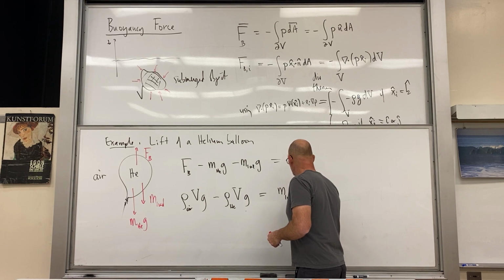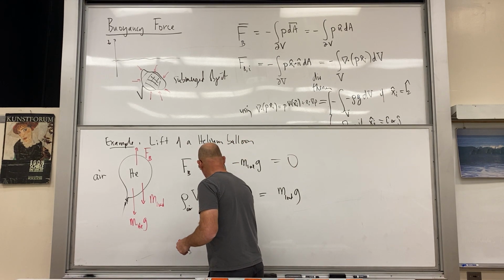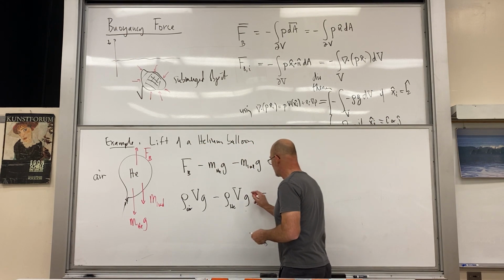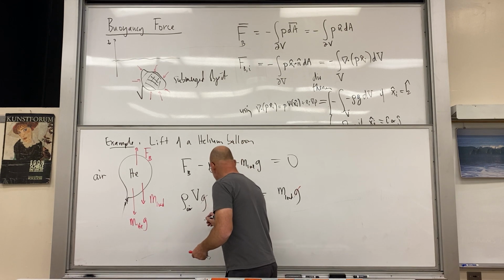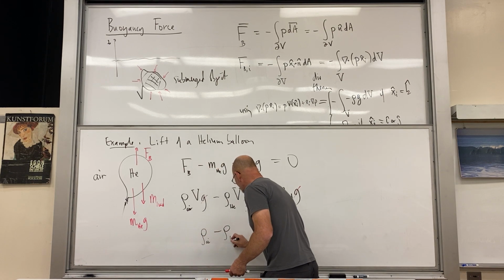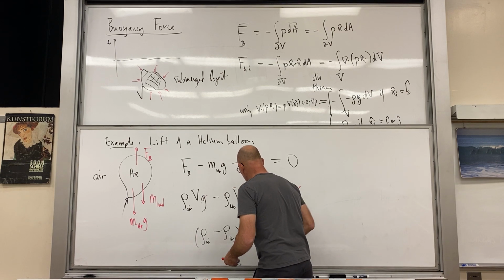Mass of the load times G. And so you can see what we have here. G will cancel from both sides. We'll do that now. And we're looking at the difference in the density of air and helium times the volume.